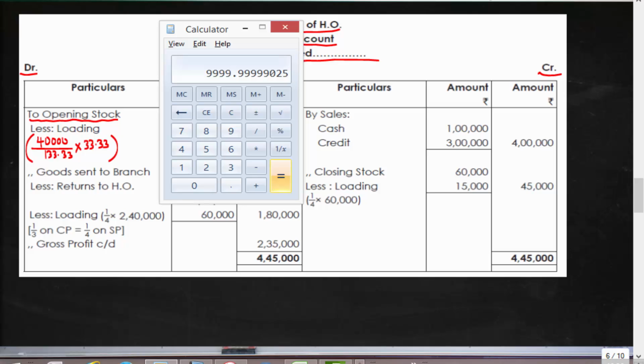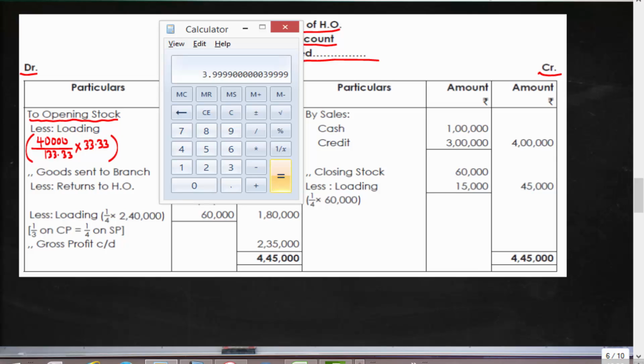Selling price is equivalent to 133.33, and the profit element loaded is 33.33. So 133.33 divided by 33.333 works out to 3.999, which means it is 4. So we can say 1/4 is the profit.